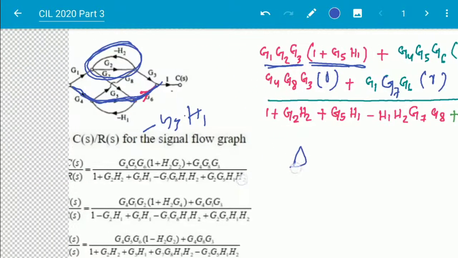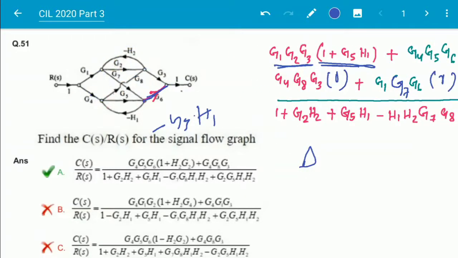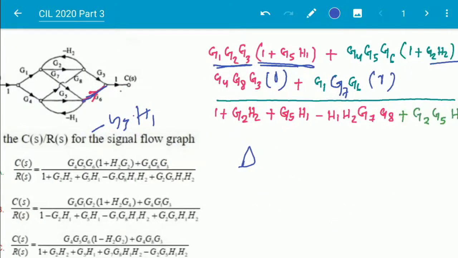Then another loop is here, H1 H2 G7 G8, and H1 G8 H2 G7. This is another loop. This loop is this one. This is negative because here negative, here negative, whole positive and opposite sign is given here.